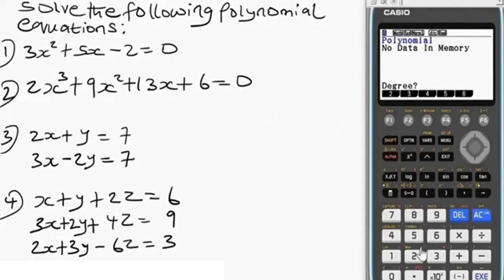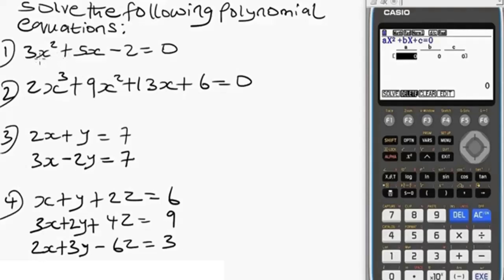So we're going to go for 2 as the degree, then press F1 for it. Now let's input the values here, A, B, and C. For this question 1, in a quadratic equation, we label the various terms A, B, and C respectively.